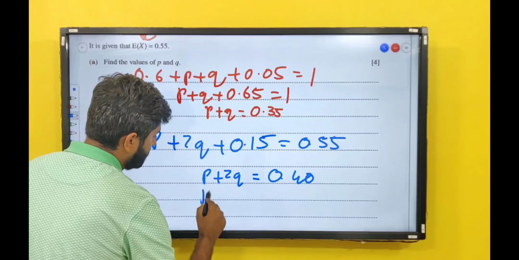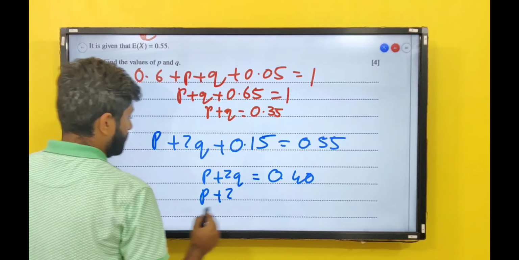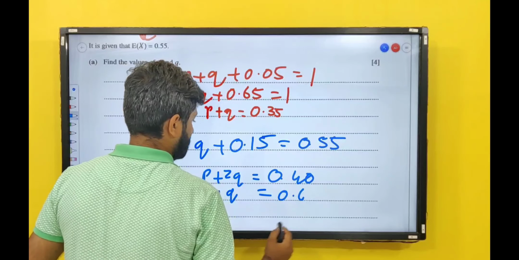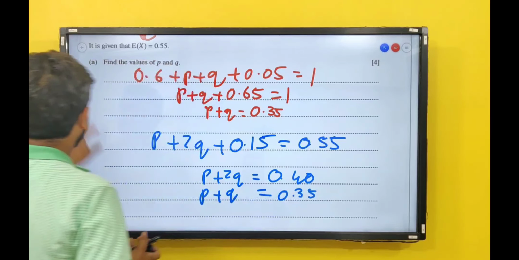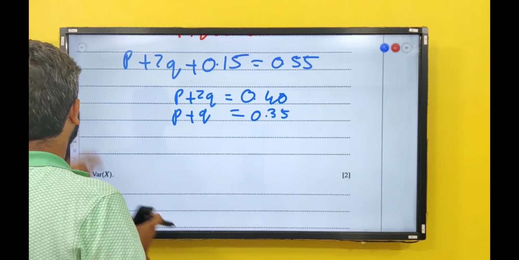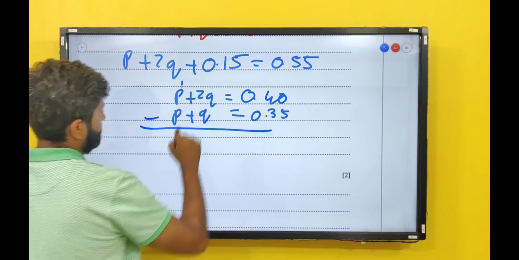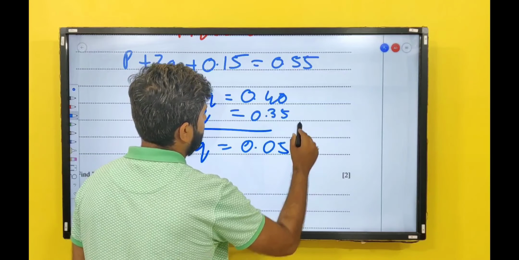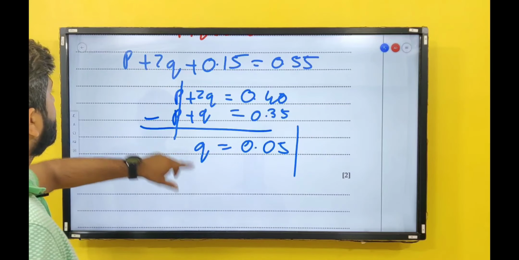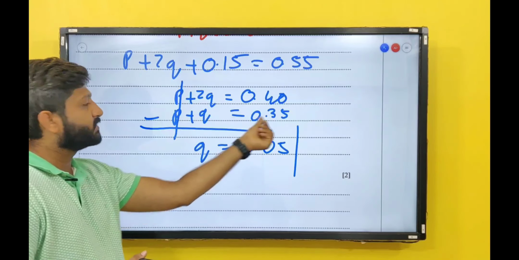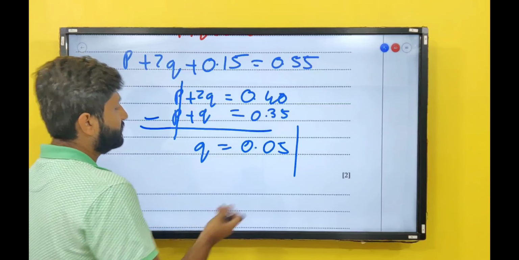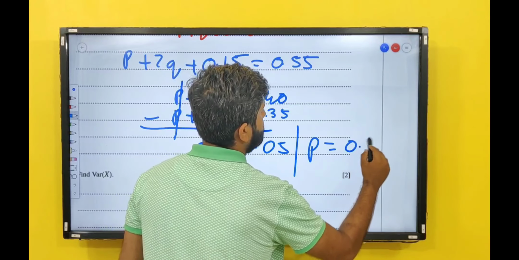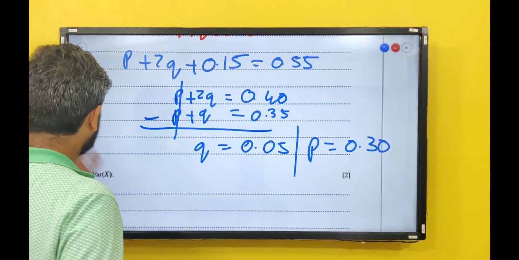And the another equation is p plus q equals to 0.35. Now let me subtract these equations. If I subtract this, 2q minus q is q, is my 0.05, and if my p plus q is 0.35, if my q is 0.05, then my p is obviously going to be 0.30, right?